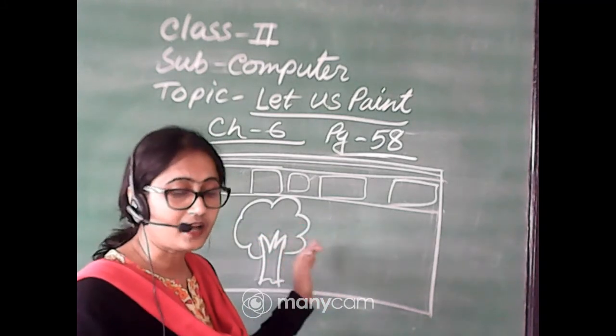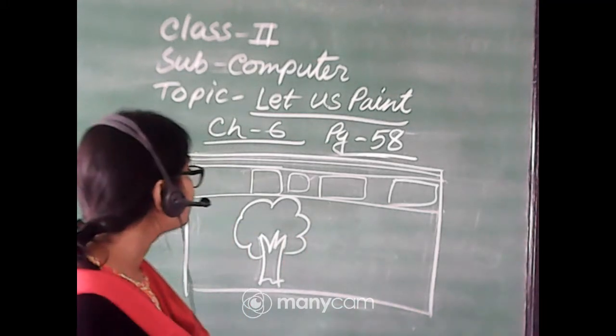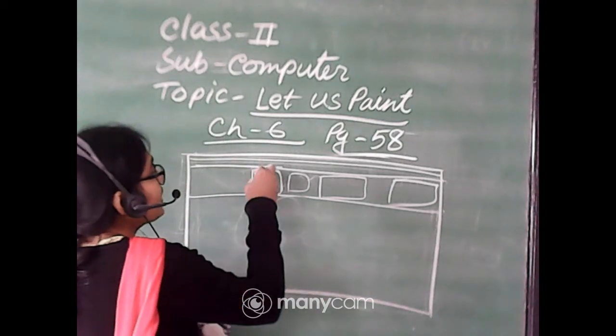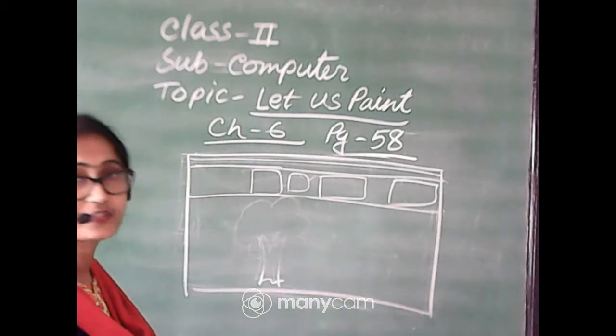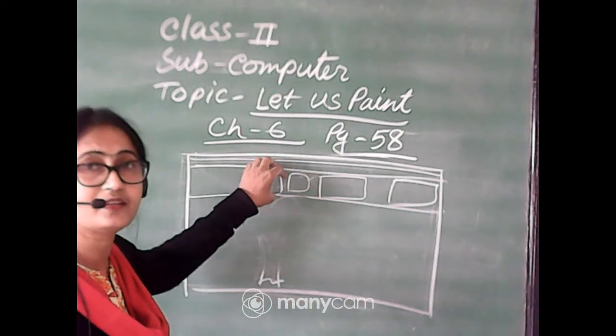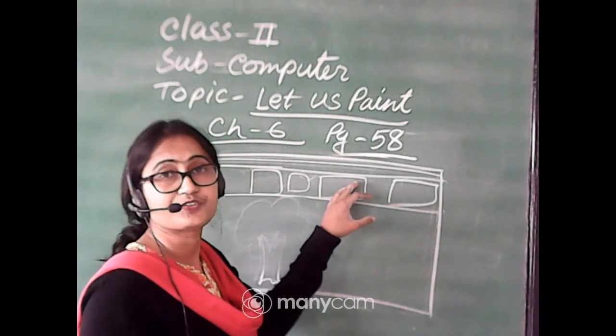Okay, and now we will apply the line tool. Where is the line tool? Suppose these are the tools group. There are the pencil tool, eraser tool, fill with color tool, pick color tool, magnifier tool. These all tools are available in the tools group. And there is the brushes tool and there is the shapes group.